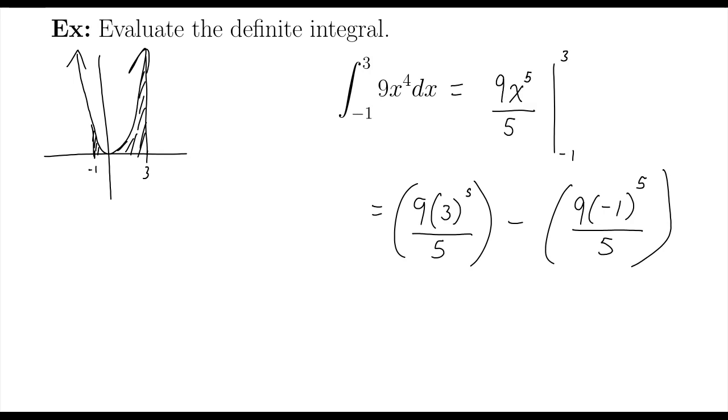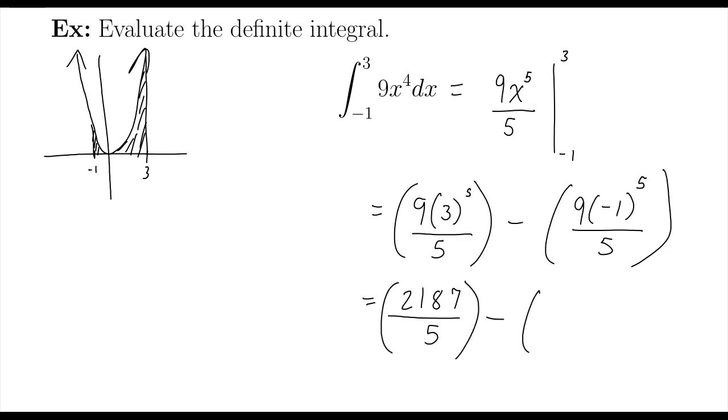What in the world is 3 to the 5th power? Break out my calculator because I don't really know. That's 243. That's it? Oh, I should have known that. Times 9 divided by 5. Fancy calculator here says 2187 over 5, minus, oh, this one's easy.